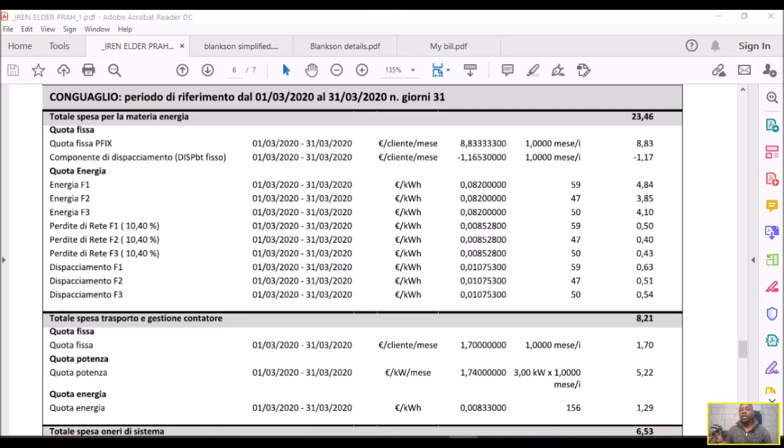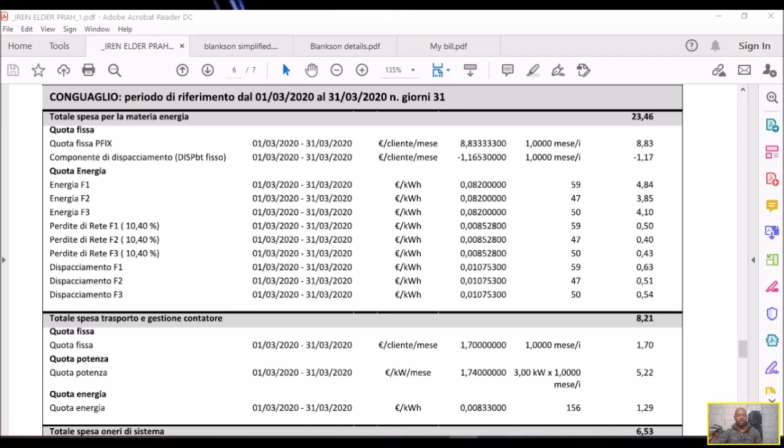I mean, the figures you see here are nothing. So if you multiply it by the number of kilowatts you use, then you get the amount that you have to pay. So perdita di rete is 10.40% of the actual price they are giving you per kilowatt.